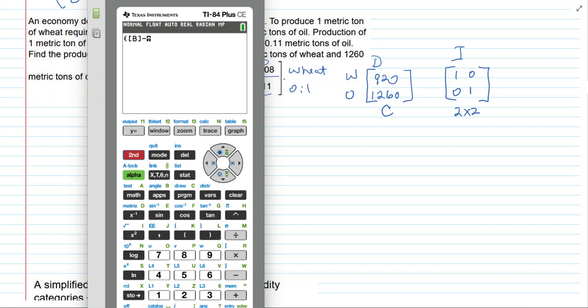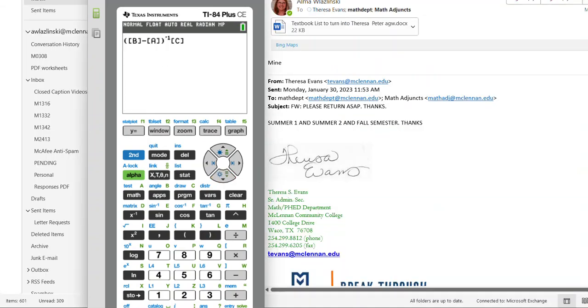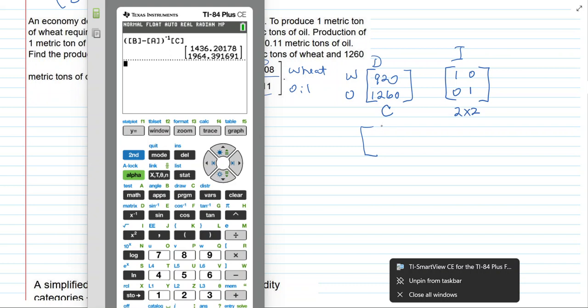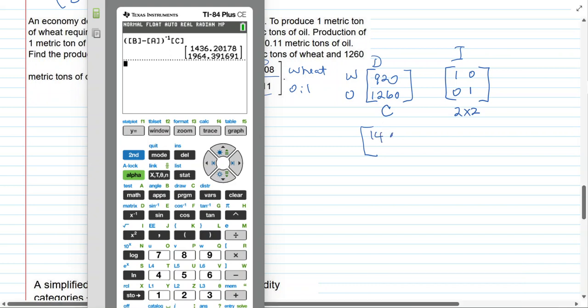And then I'm going to go second matrix, and I'm going to go C. And I'm going to enter. So on this guy, I'm going to have as an answer 1436 and 1964. And there you have that one.